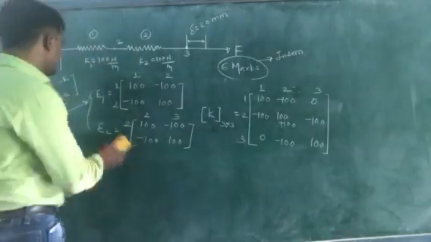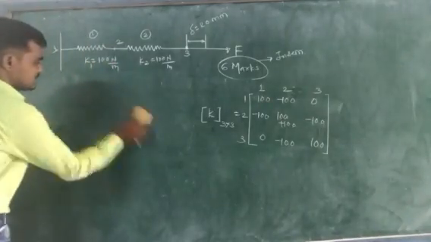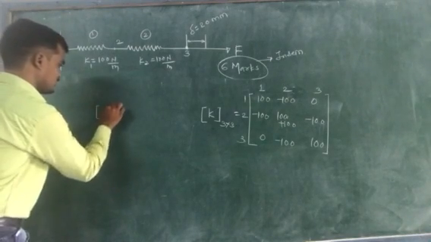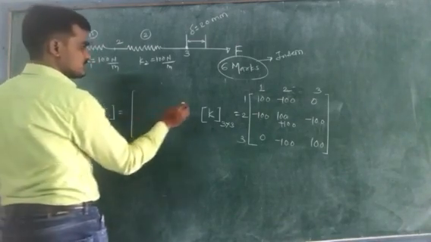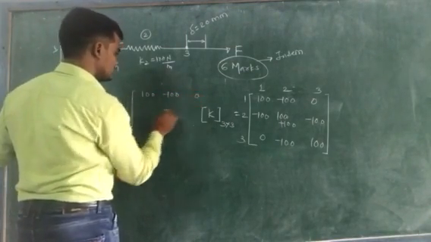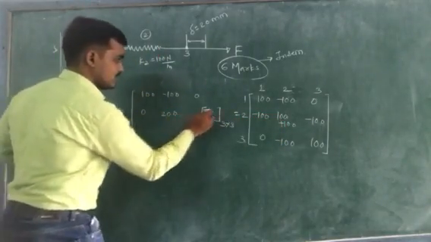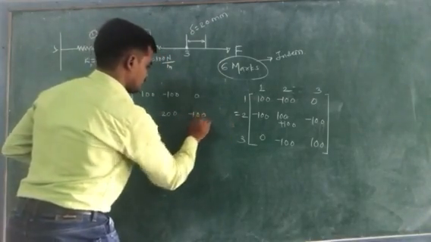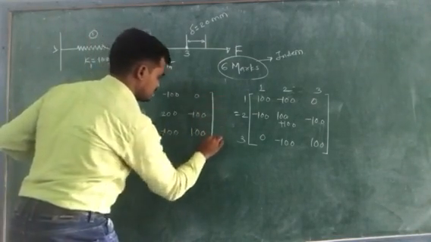So in this way you will get the global stiffness matrix. The global stiffness matrix K is equal to, finally: 100, minus 100, 0; minus 100, 100 plus 100 which is 200, and minus 100; then 0, minus 100 and 100.